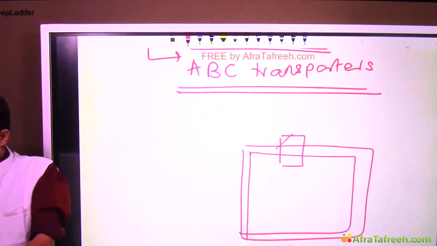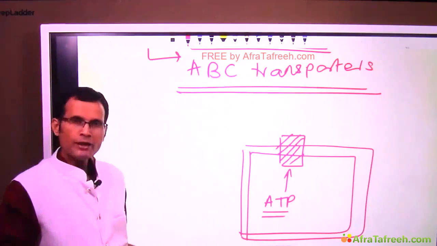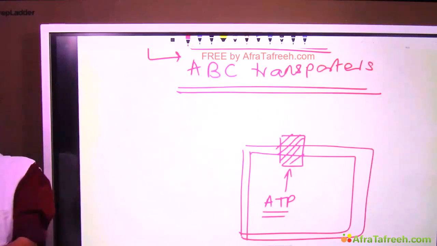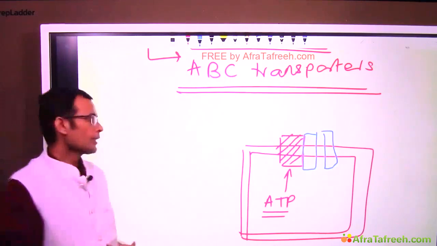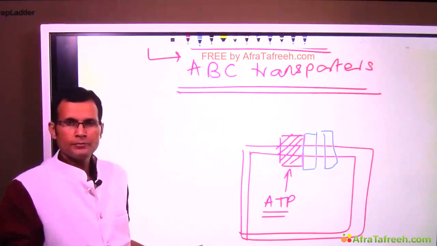It has one part where ATP will be bound and that ATP will be utilized for the other part of that protein to be operative. That other part could be a channel or a carrier.